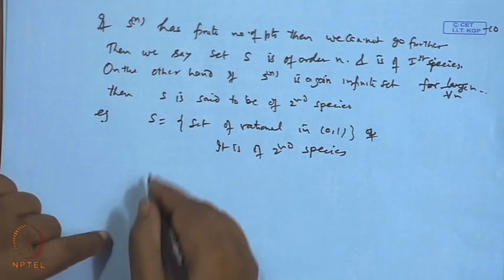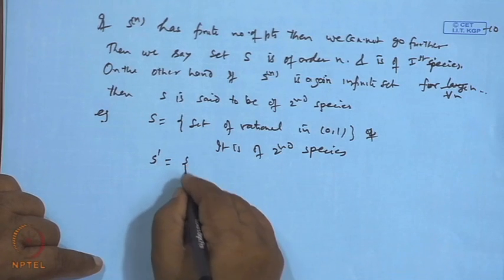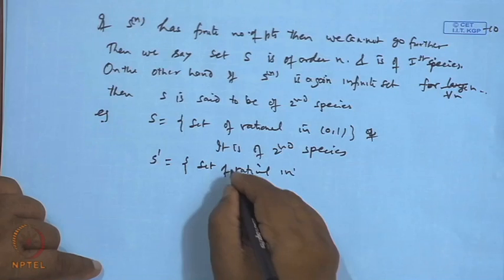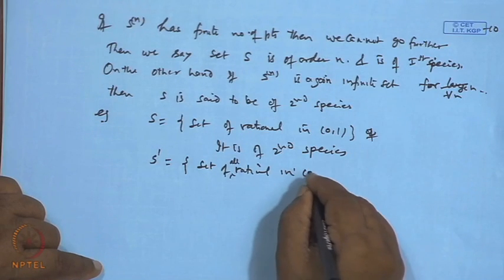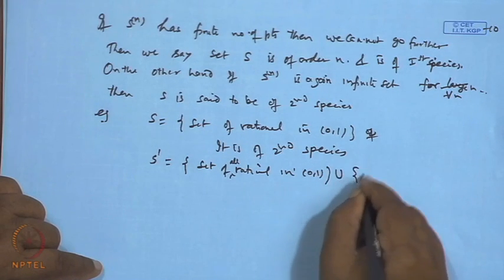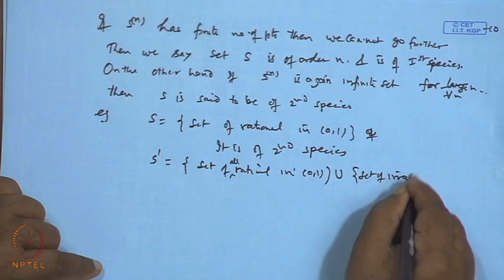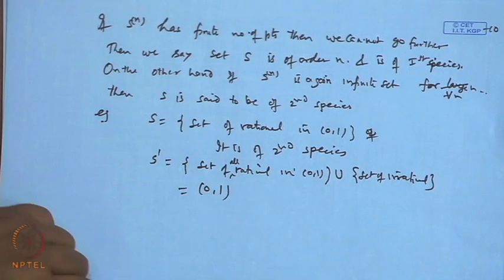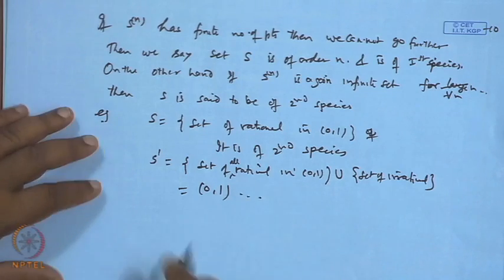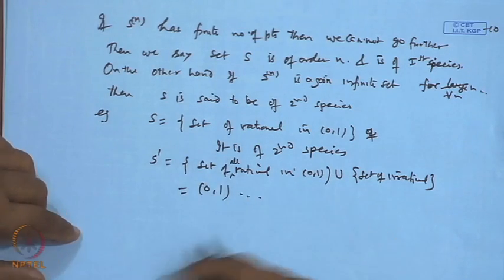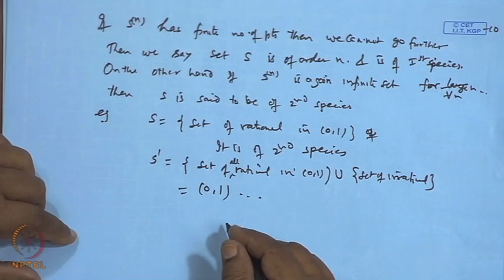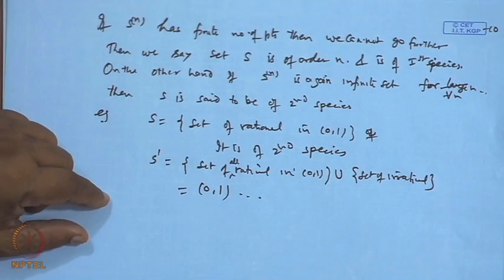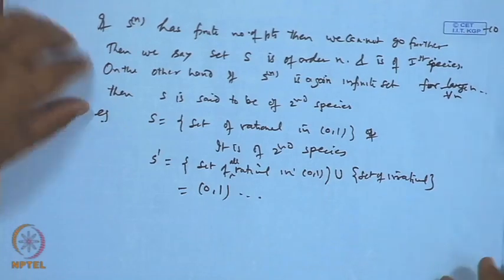Because the set of limit points of this is the set of all rationals in the interval 0 1, and the set of all irrationals will also be limit points of this, and basically this is nothing but the interval 0 1 itself. So, continuing this, every time the derived set comes out to be the set itself, so it is not possible to get the limit points of this. So, it is of second category. Okay. So, that is what we want.